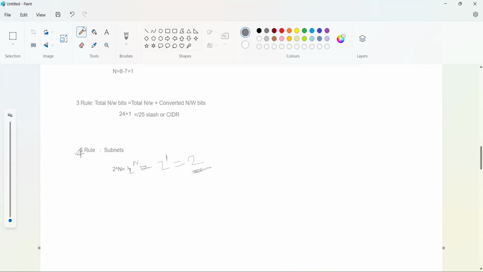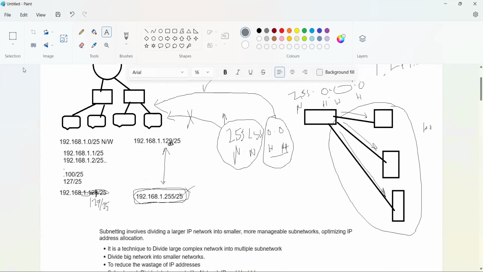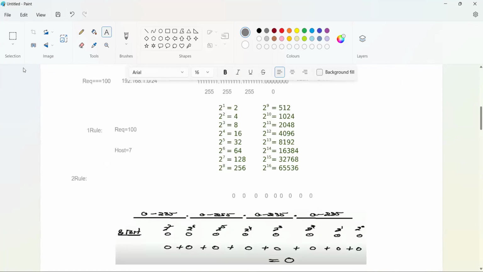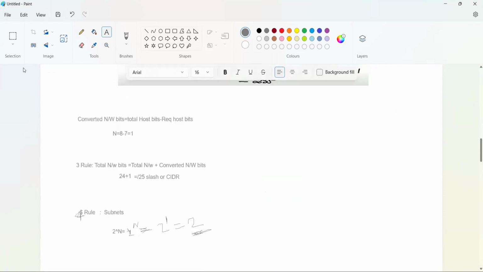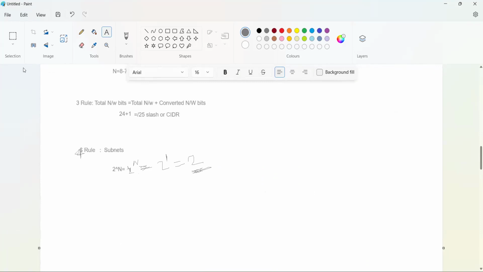It means I have 2 networks. That network, what we discussed here, one network portion is this one, and one network portion is this one. With our formula I got this far. I got the slash value, and my block size also. And finally, what is my block size?